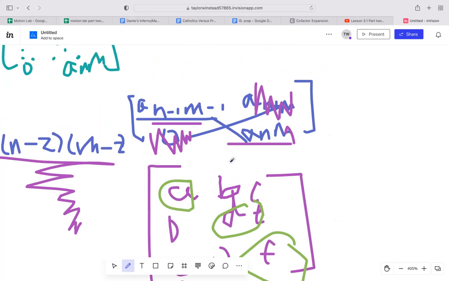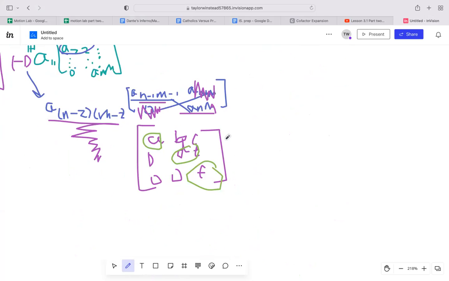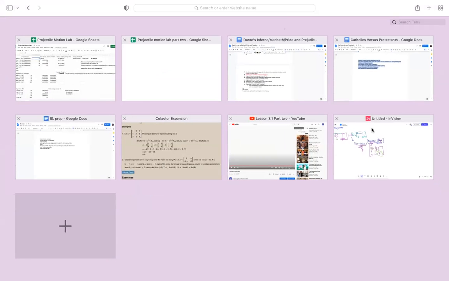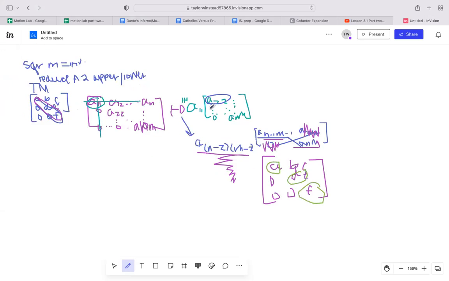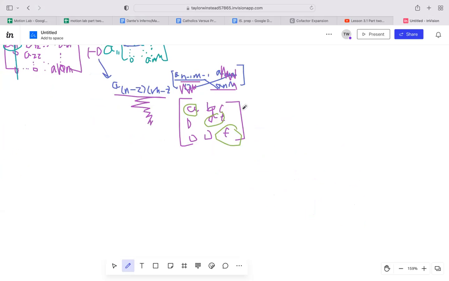We've seen what happens if they equal 0. The determinant ends up equaling 0. So if we don't want to go through the whole process of cofactor expansion, if we've got a square matrix, then we can know that the determinant is just going to be the product of the things on the diagonal, right?